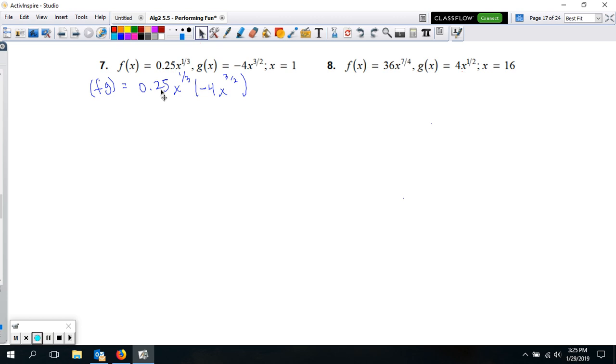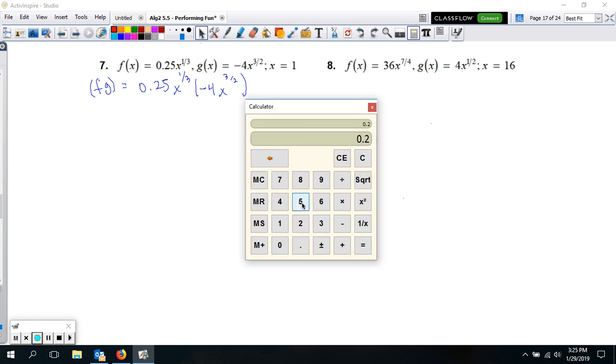So we will multiply our bigger numbers here, so the 0.25 times the -4, we'll multiply that. And if you do that on a calculator, you'll see that I did that right here, 0.25 times 4, I'm going to get 1. So that's just 1 right there.